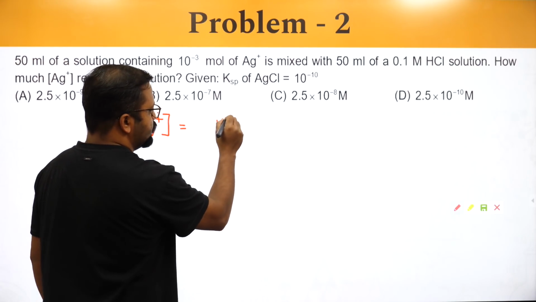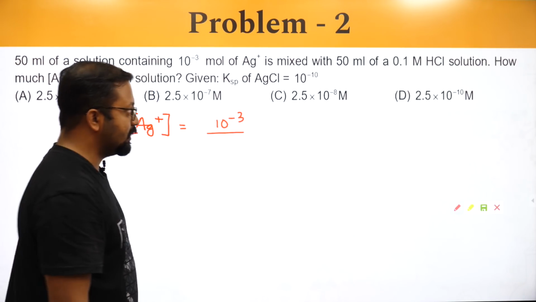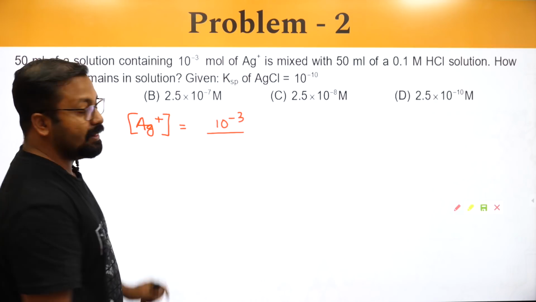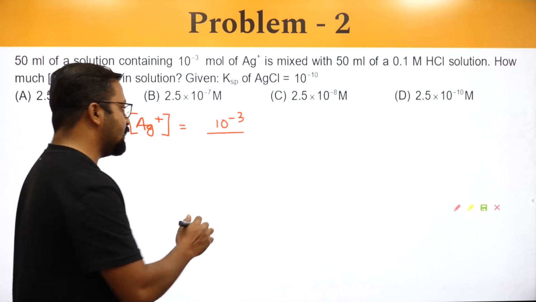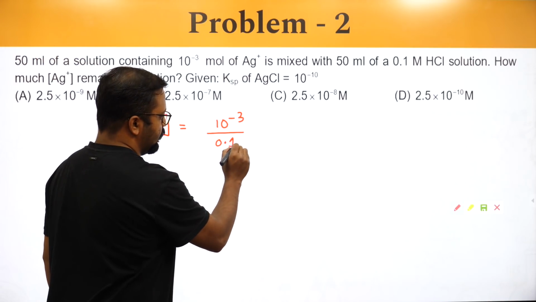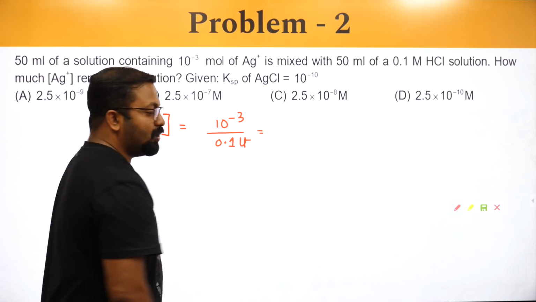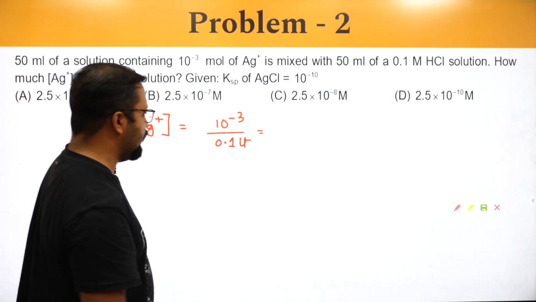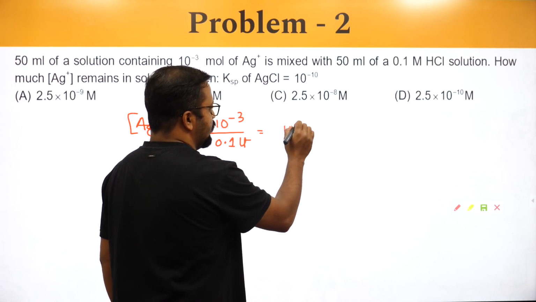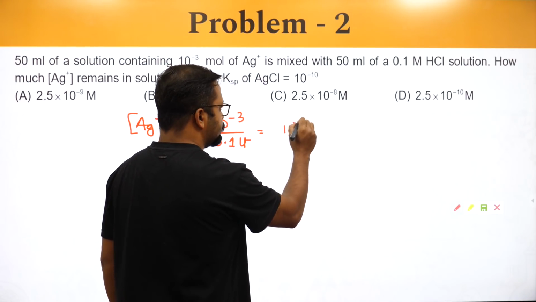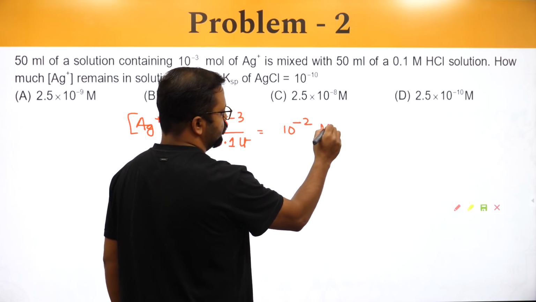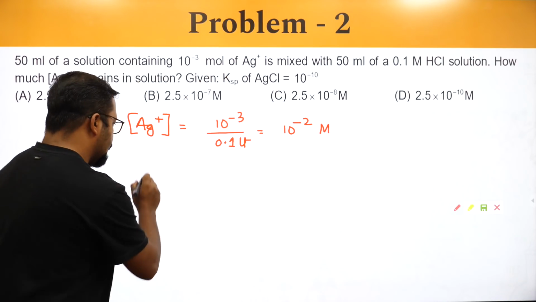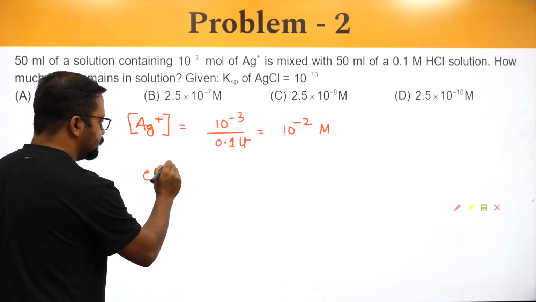So you have 10 raised to minus 3 moles and 50 ml plus 50 ml, that turns out to be 100 ml, which is nothing but 0.1 liters. So amount of Ag plus present when a mixture of these two solutions is taken is 10 raised to minus 2 M.